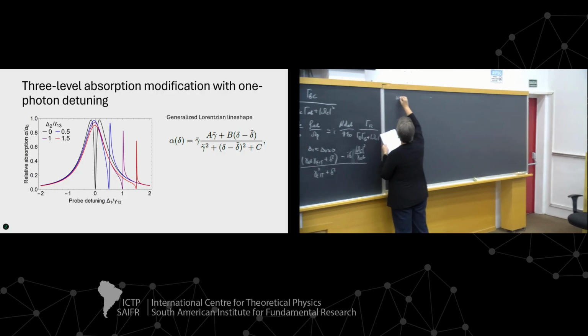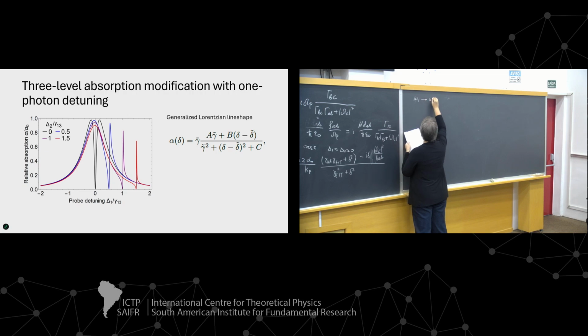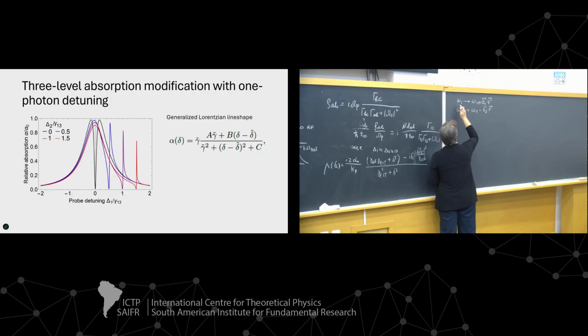So omega 1 is going to be shifted by minus k1 times velocity, and likewise omega 2. So the detunings, again, are going to be different. I'll just put delta 1 and delta 2, just because I'm too lazy. And what is important is the two-photon detuning, which is omega 1 minus omega 2 minus omega bc.